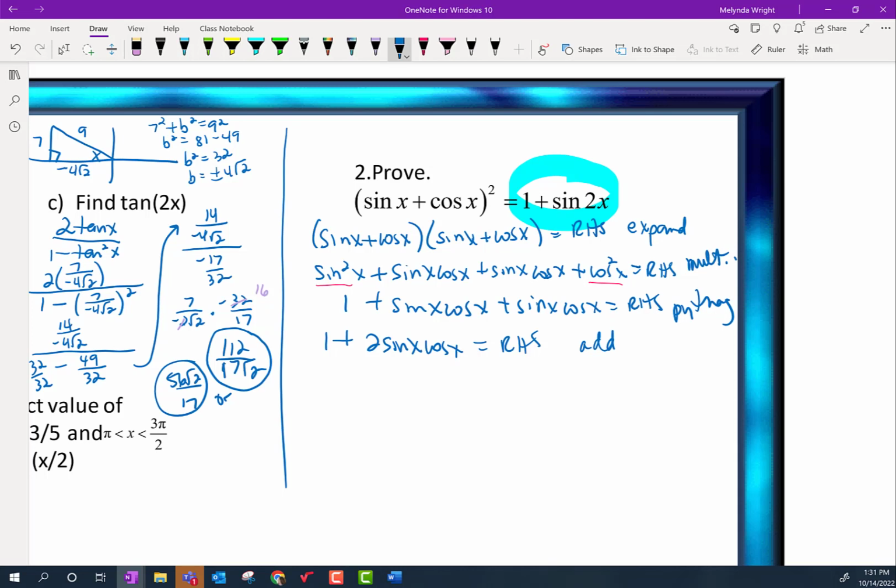Didn't we just look at 2 sine cosine? What was that supposed to be? If I go the other way, isn't that the double angle for sine? 2 sine cosine. So if I go backwards, I can turn 2 sine cosine into sine 2x. And that's exactly where we need to be. And we just use the double angle.